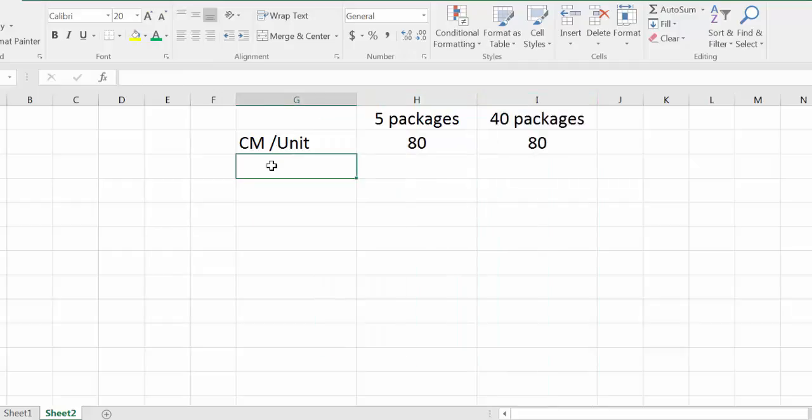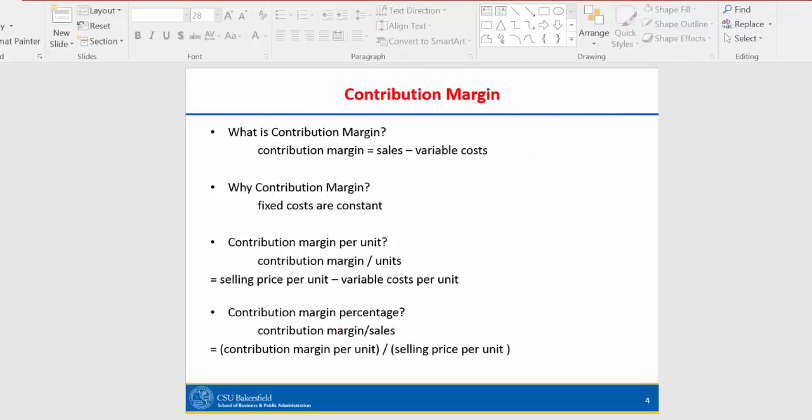Next, we're going to look at the contribution margin percentage. The formula is also in slide 4. You have 2 formulas, and apparently the second formula is easier for us to apply in this particular case.